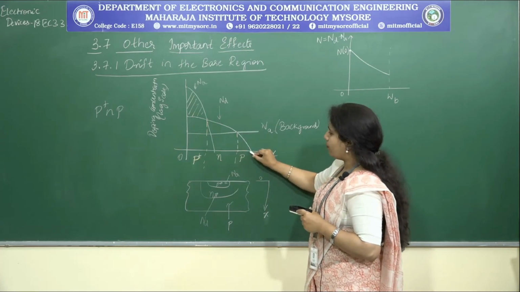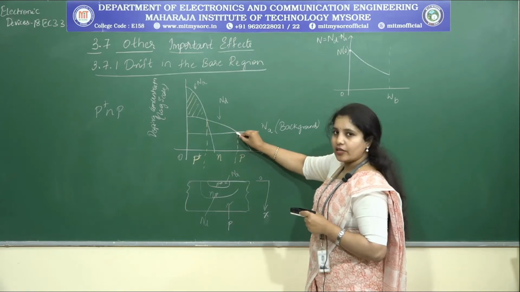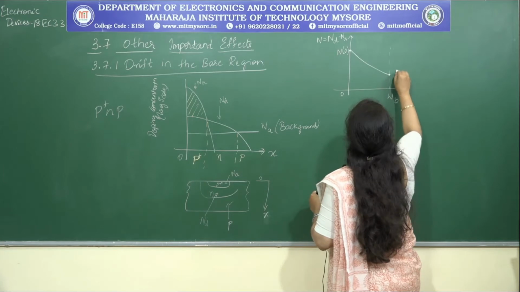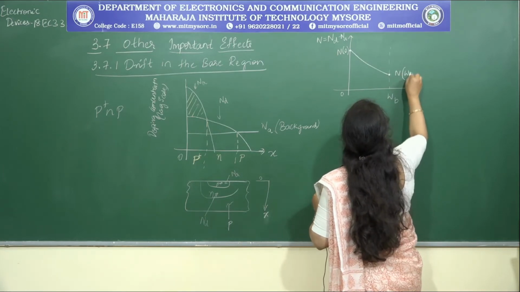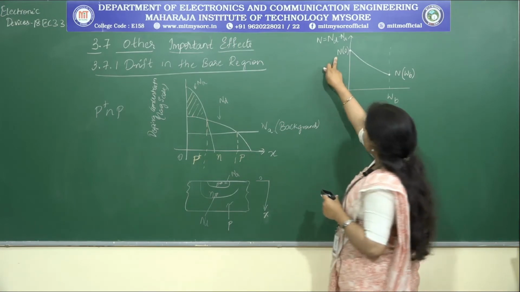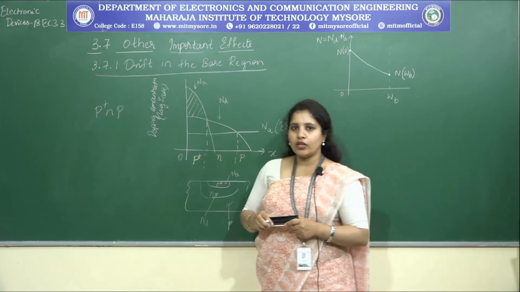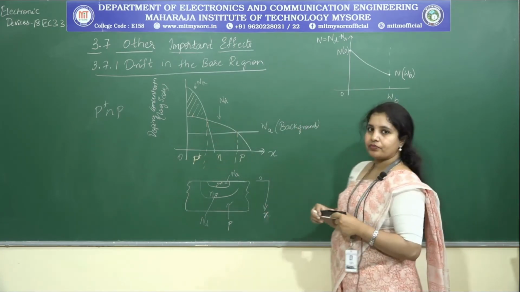There is still some value being seen, therefore I am stopping right here, and let me represent this value as the doping concentration observed at WB, and this indicates the doping concentration seen at 0. Done, and this is what I have clearly depicted over here.